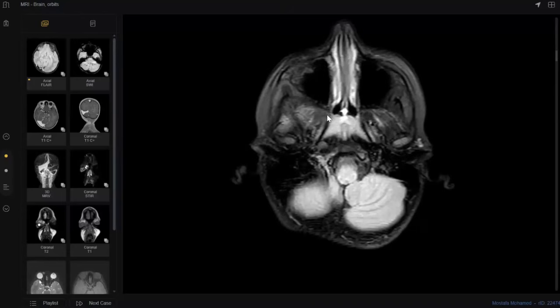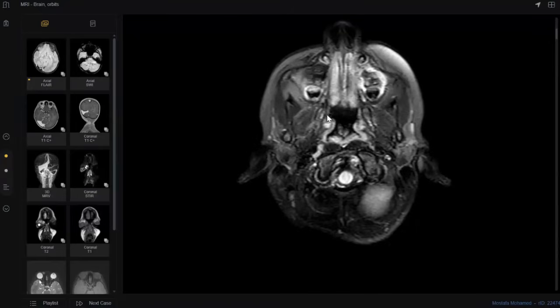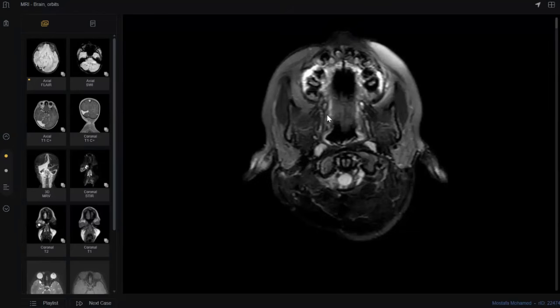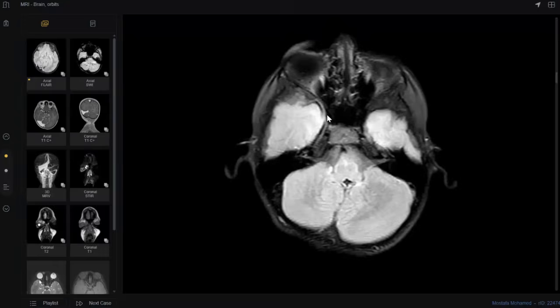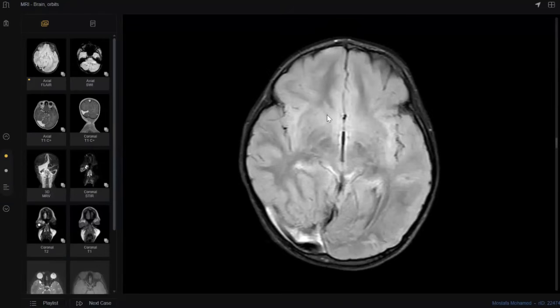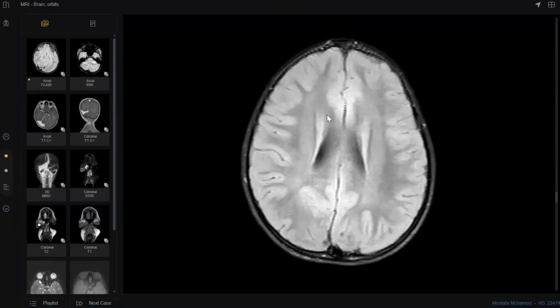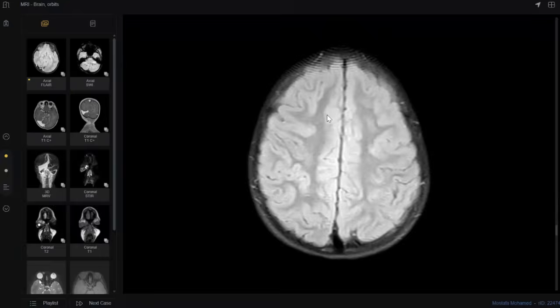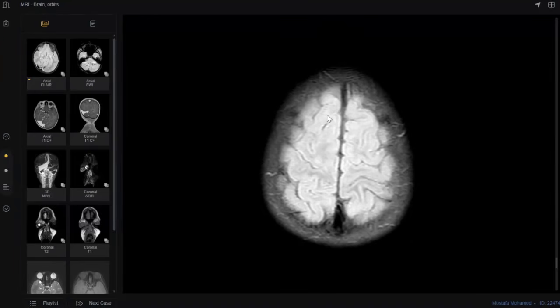Yes, the patient came with a history of headache. The cisternal spaces appear effaced, and some hyperintensity is seen in the cortical sulci, I guess.